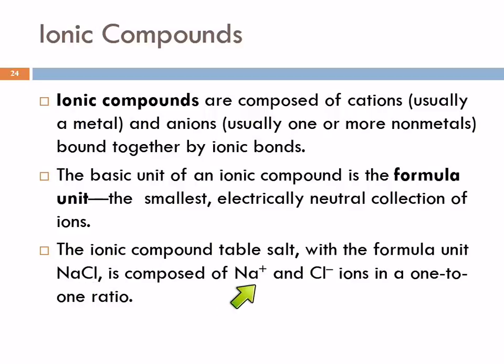Each sodium has a +1 charge. Each chloride ion has a -1 charge. And so the lowest ratio that will be electrically neutral, where the charges add up to 0, is going to be one of these to one of those. And so this is the formula unit. That is not a molecule, though.